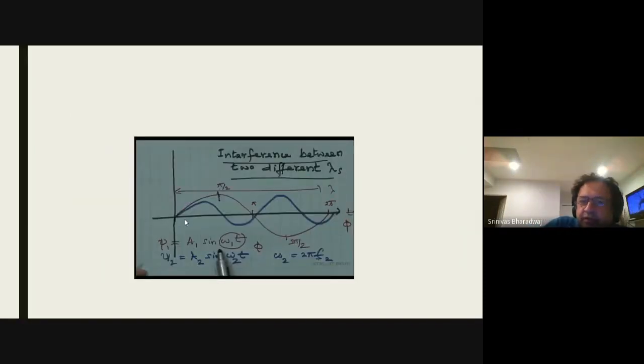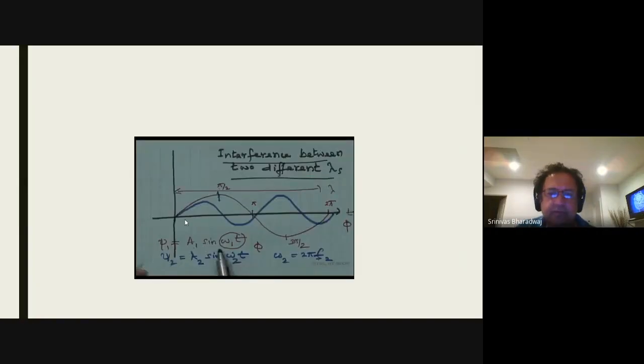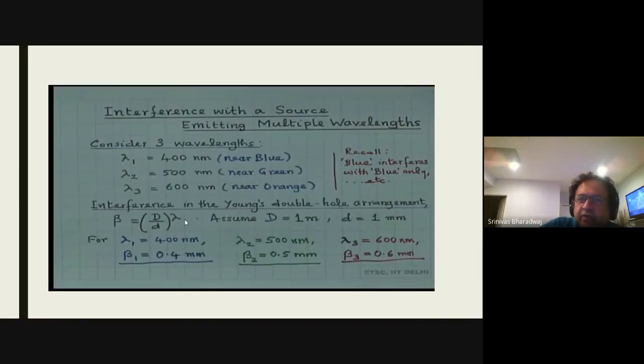Okay? So this is the interference between two different lambdas. If you have more than one frequency, more than one wavelength being emitted by the source, then you will have interference with a source which emits multiple wavelengths. So if you had three wavelengths, blue, green, and orange, then the blue will interfere with blue, the green with green, and the orange with orange, because that's how it is, right?